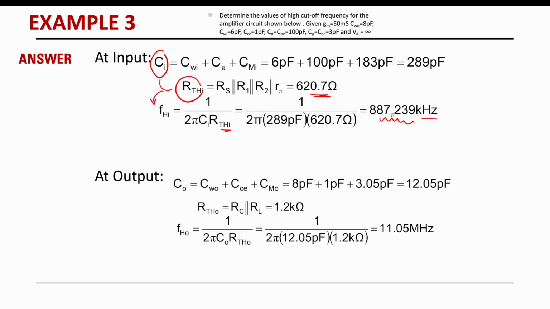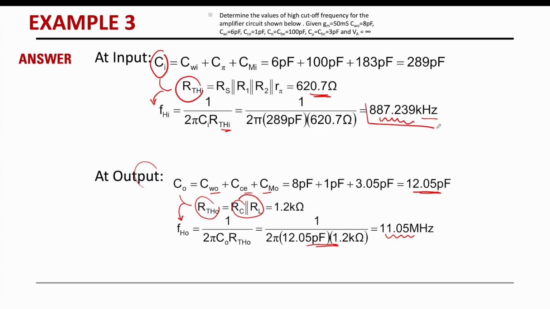887.239 kilohertz. For the output, R Thevenin is equal to RC parallel with RL at the output, and then CWO, CCE, CMO, you sum up all together, you will get 12.05, and once you get both of those values, you can substitute inside the equation and you will get 11.05.